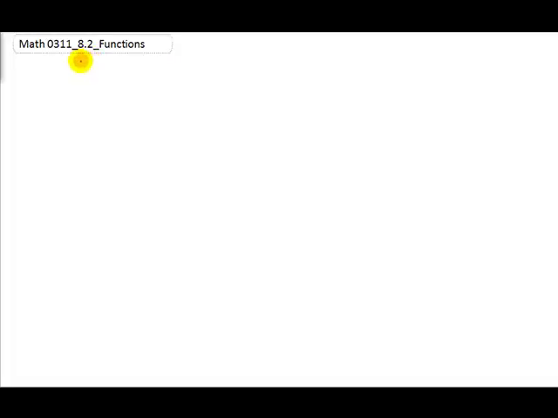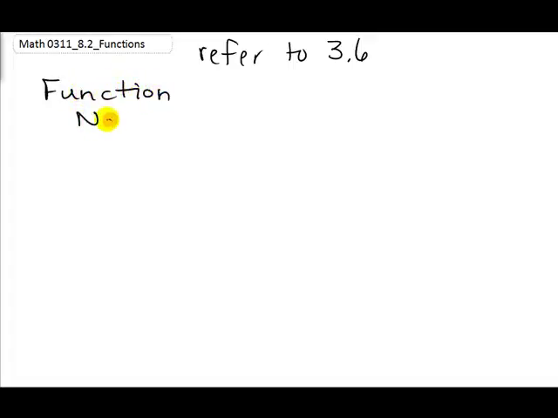But 8.2 functions, you can also refer to 3.6 in the book if you need some more information. The first thing we want to note, we're going to talk about function notation.